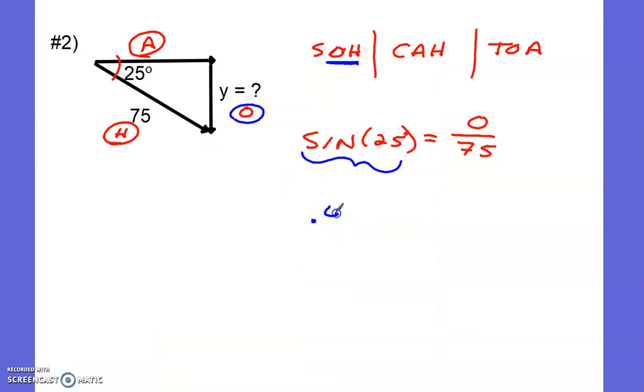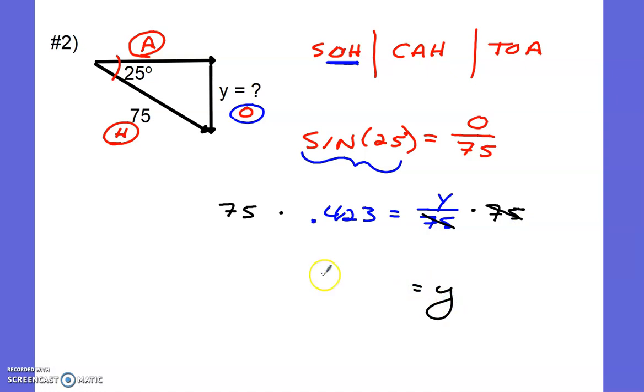This is 0.423. That is equal to my opposite side, which was y, over 75. Going to multiply by 75 on both sides to get rid of the 75. And I get that value comes out to be 31.7.